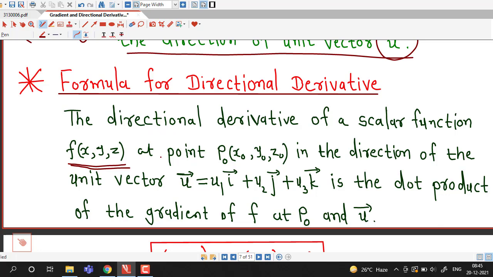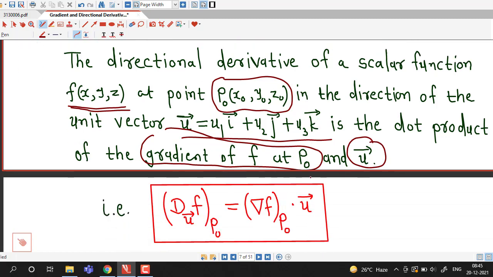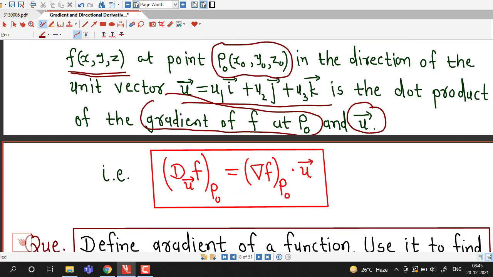So the directional derivative of a scalar function f of x y z at a point x0 y0 z0 in the direction of unit vector u1 u2 u3 is the dot product of the gradient of f at p0 and this unit vector u bar. This is very efficient formula for directional derivative. We can directly compute directional derivative simply by taking dot product of two vectors.